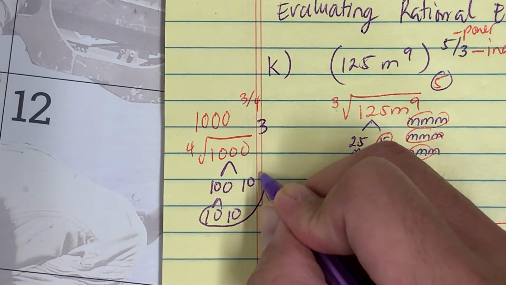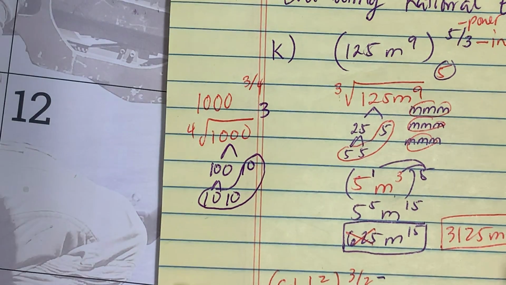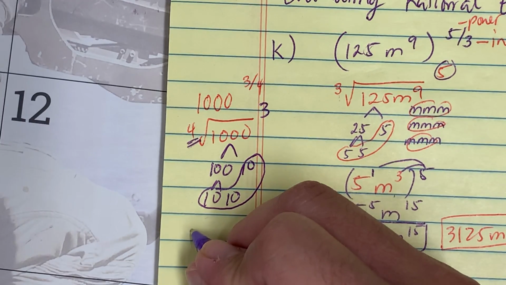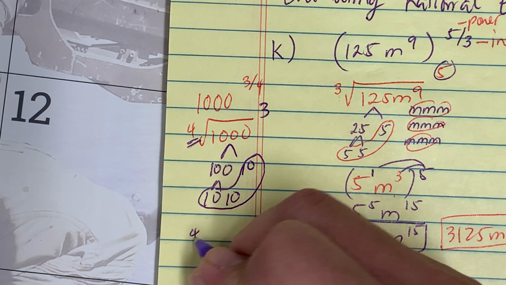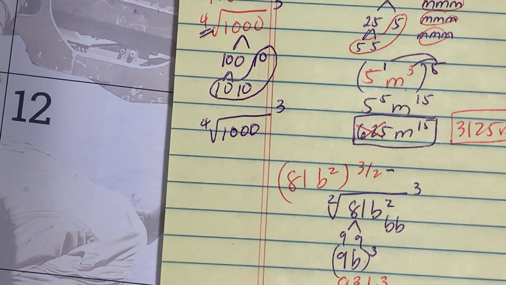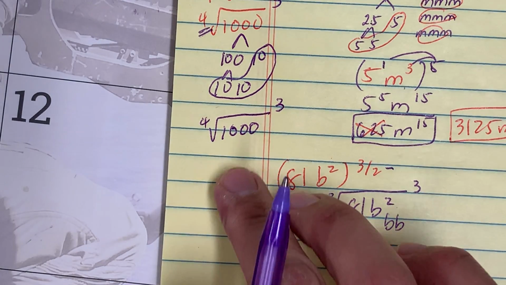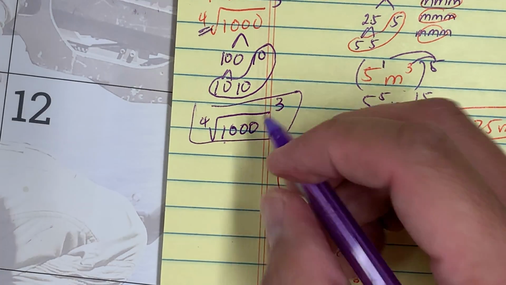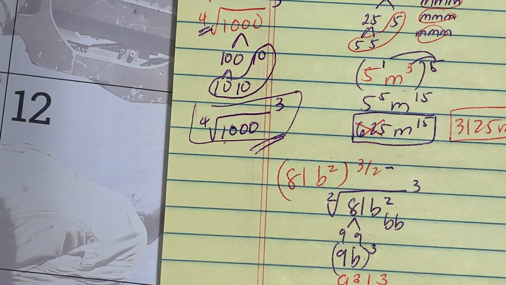There are only 3 tens that you can make there, and you're required to have 4. So the answer there will remain to be the fourth root of 1,000 to the third power. There's more to do with this one for higher math, but for our level, we're gonna keep it that way for now, okay?